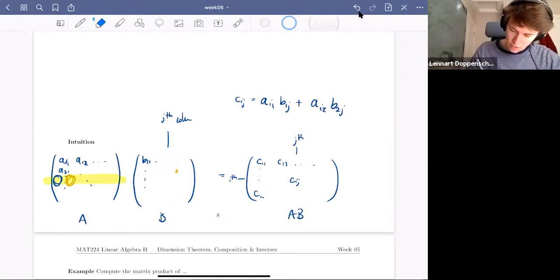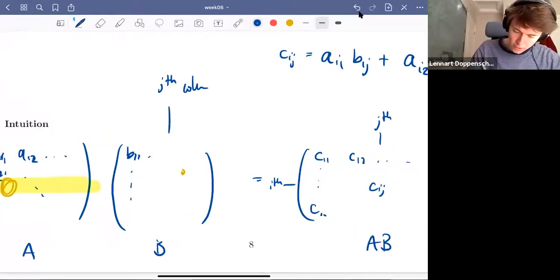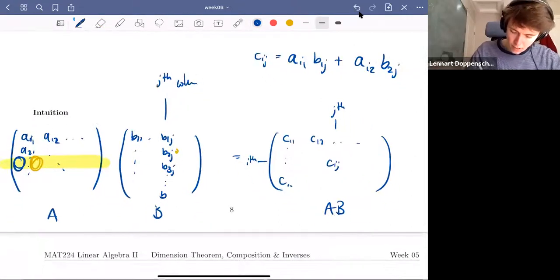Let me now zoom in here and give you more details. This is going to be b1j, b2j, b3j, all the way to bnj. This is the jth column.